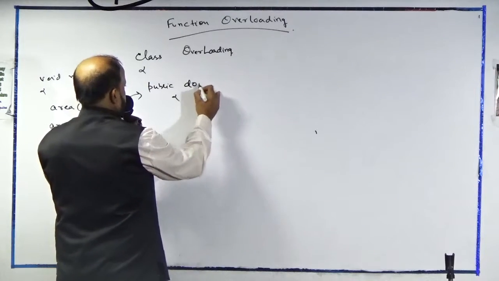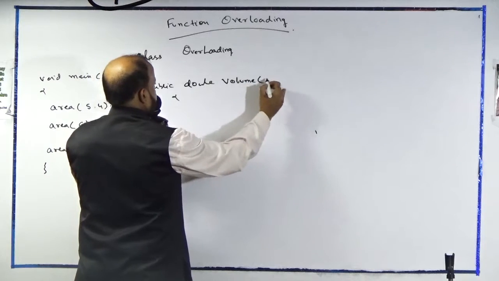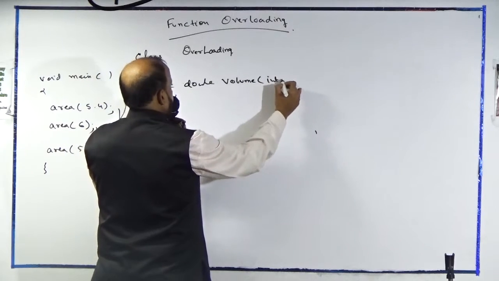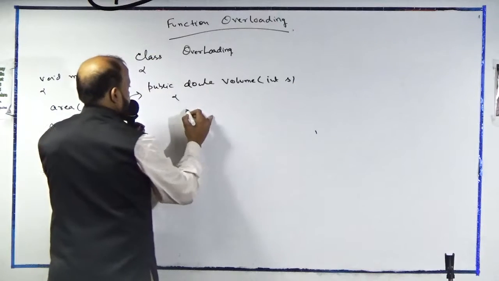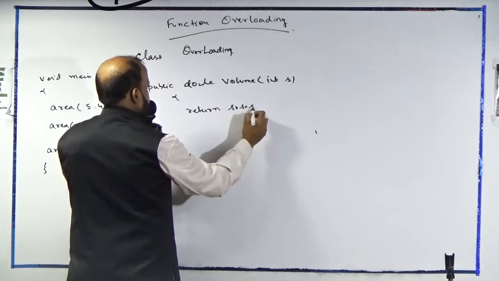Public double, suppose the name of the function is volume. First one, volume of cube. Return side into side into side.